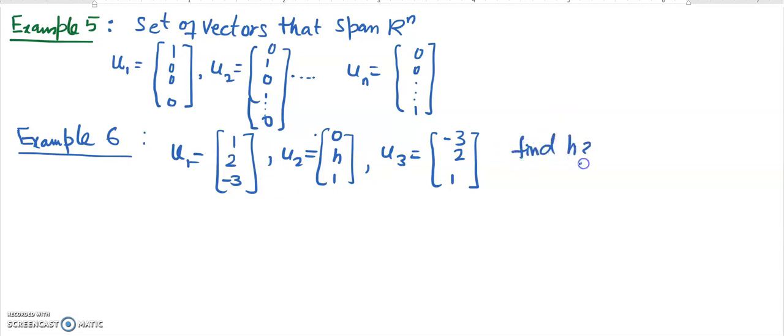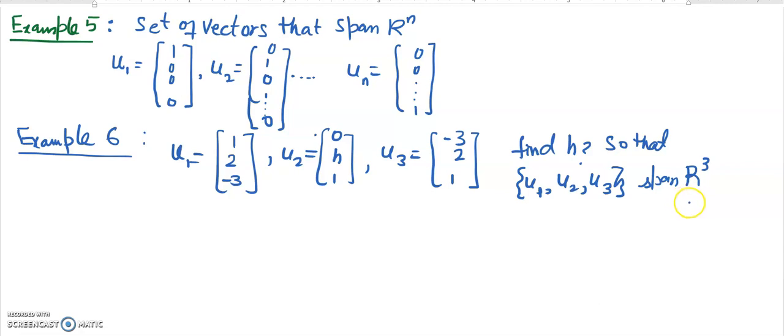Okay, find h so that the set of vectors u1, u2, and u3 span R3. That means a set of vectors having 3 components, the set of all such vectors.